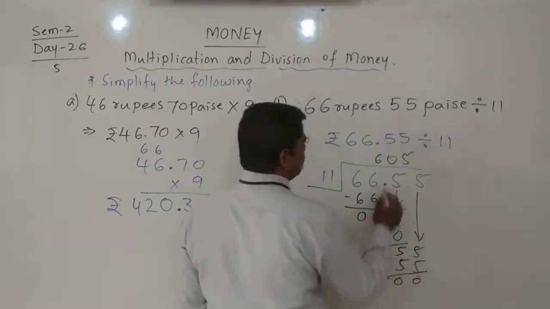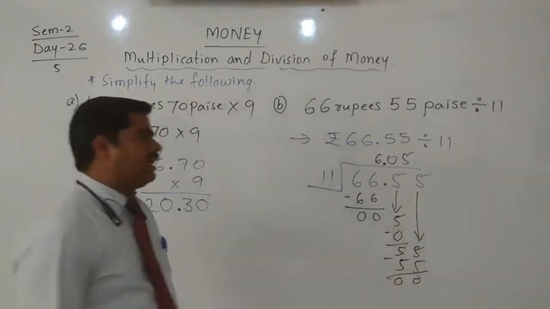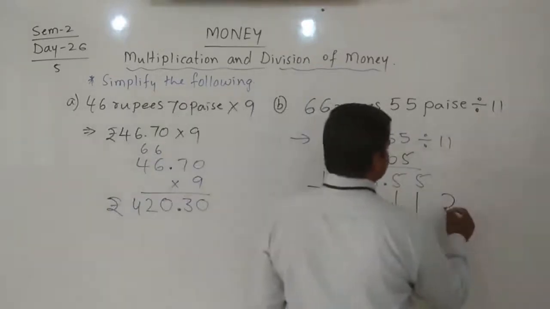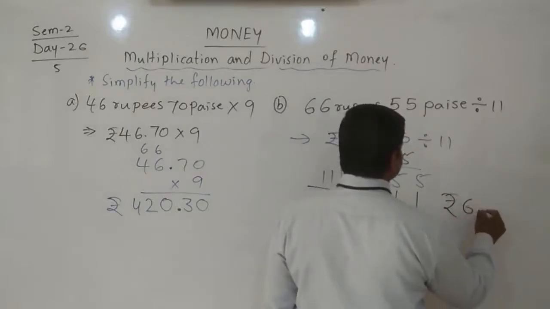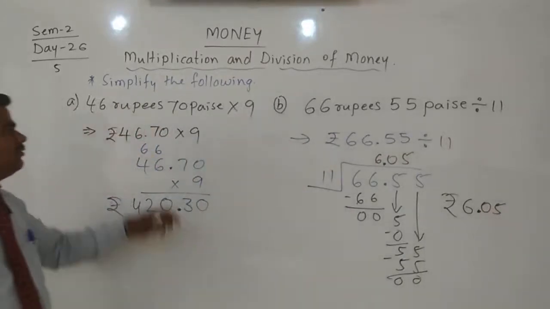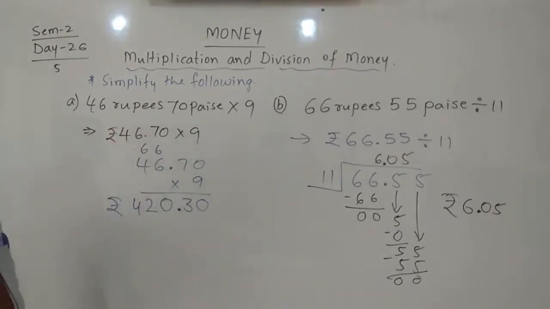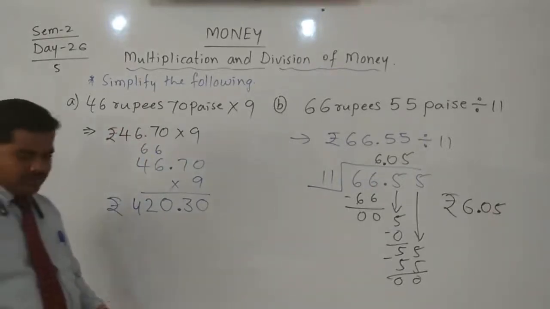Then where is the decimal? Just above this. How many rupees? The answer is 6 rupees 5 paise. We can convert into decimal form very easily. Yes. One more.